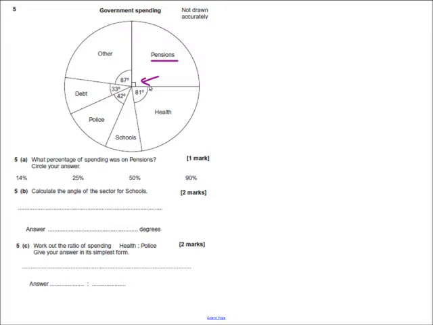Now, you should be able to recognise that because of the square having our angle, that's 90 degrees. And because it's only 1 mark, you don't have to show how you get the percentage. All you need to be aware of is that 90 degrees is 1/4 of our circle, and 1/4 is represented by 25%.